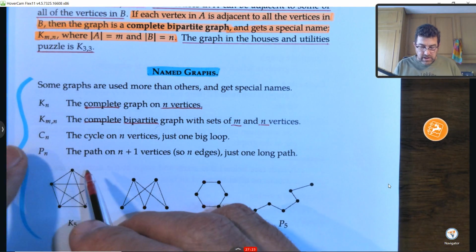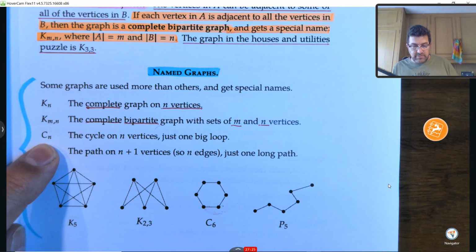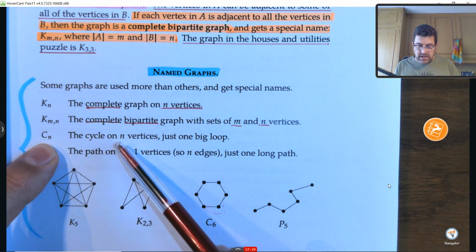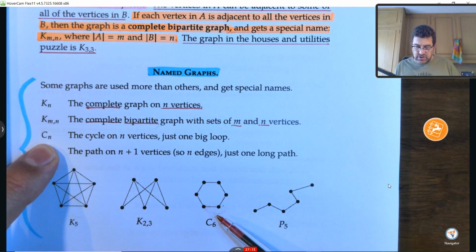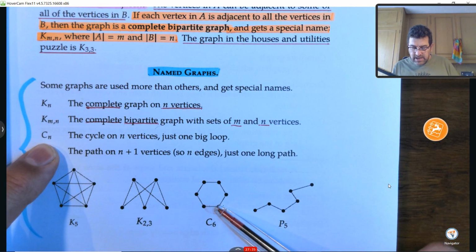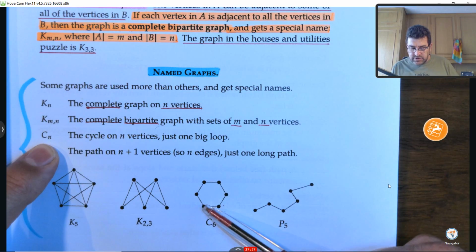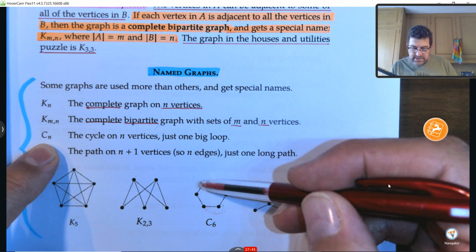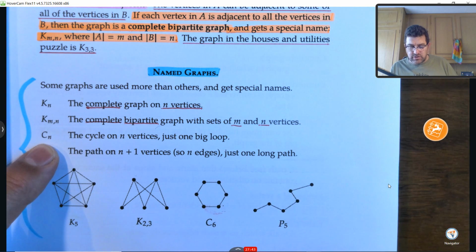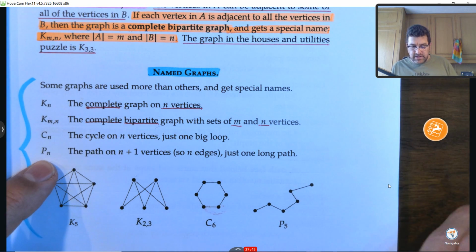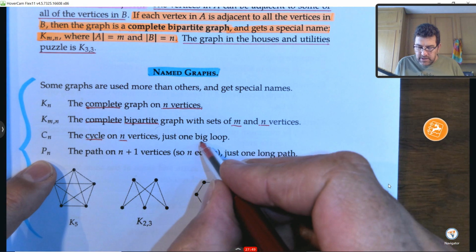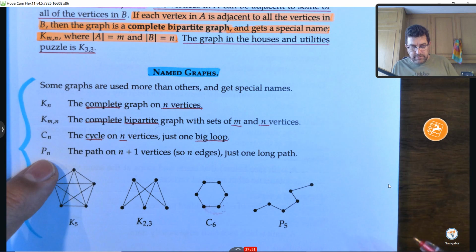Okay, Cn is something that we haven't spoken about yet, but he says this is a cycle in n vertices, so it's just one big loop. There's 6 vertices, and each vertex then is joined with an adjacent vertex. It's a loop. There's nothing running across to make it complete. Okay, so they call that a cycle with n vertices, and it's just one big loop.